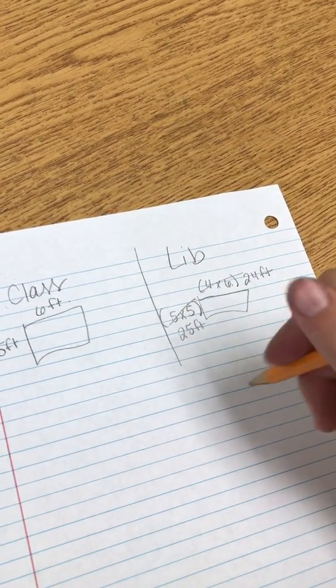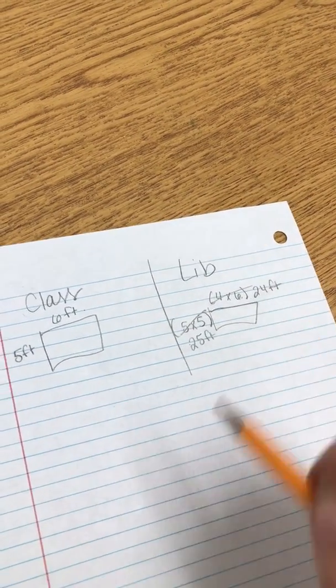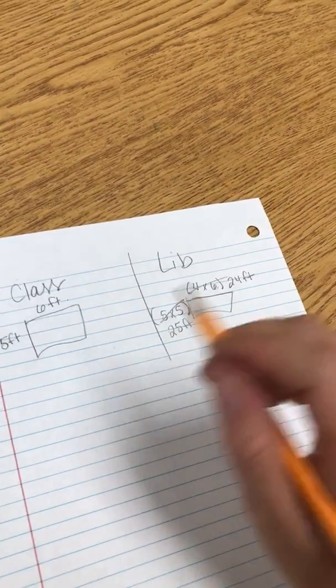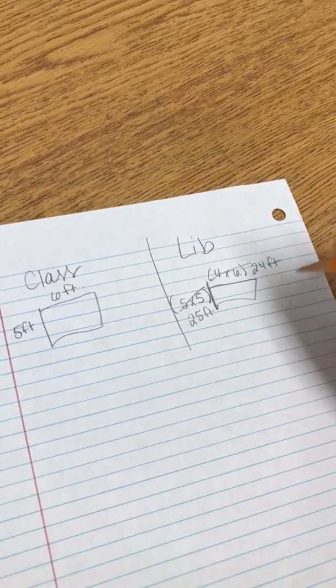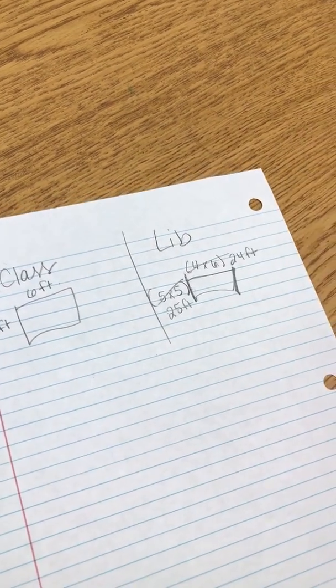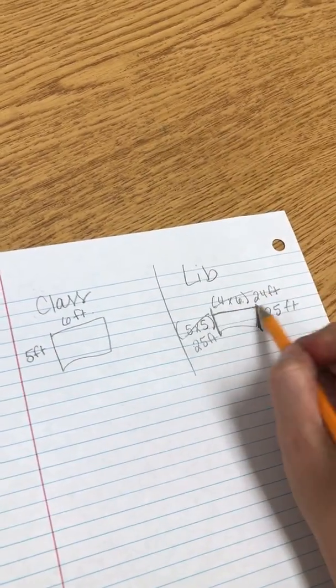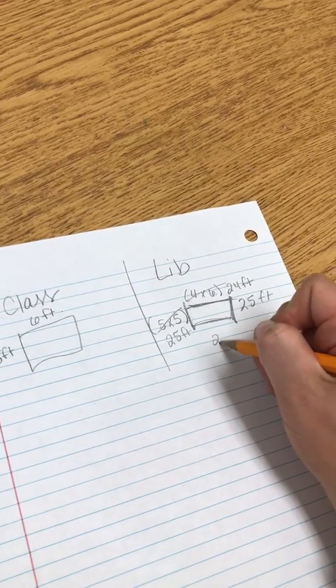To find perimeter, I have to add up all the sides. I can't just say 25 and 24. That's only 2 sides of my screen. I need to add up all of the sides. So, if this side is 25 feet, the opposite side that mirrors it is also 25 feet. If this side is 24 feet, the opposite side that mirrors it is also 24 feet.